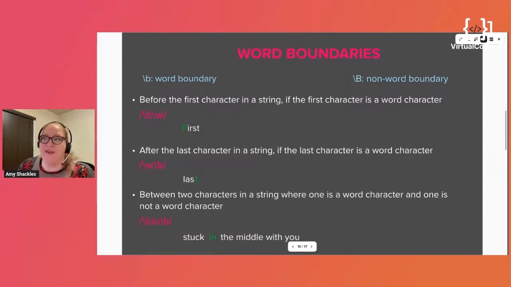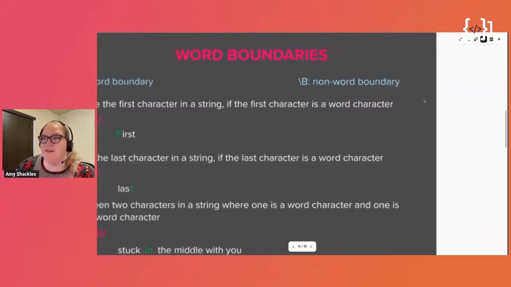We also have the inverse of this pattern. In general, for regex, lowercase is inclusion, uppercase is exclusion. So a capital \B is non-word boundaries.